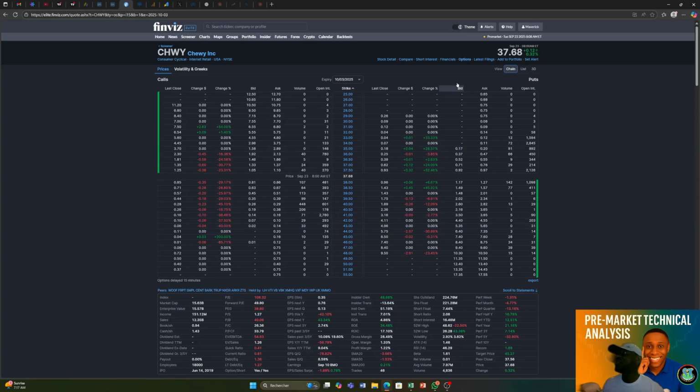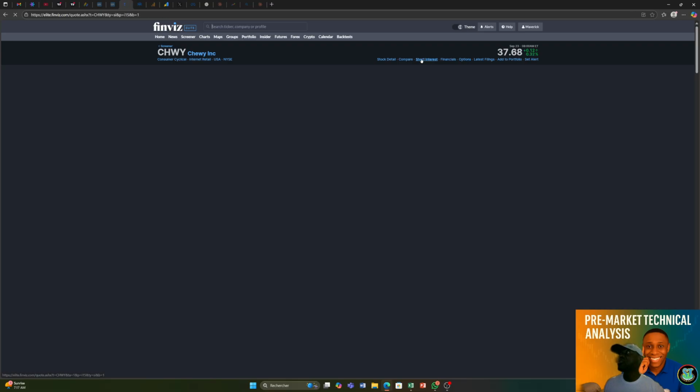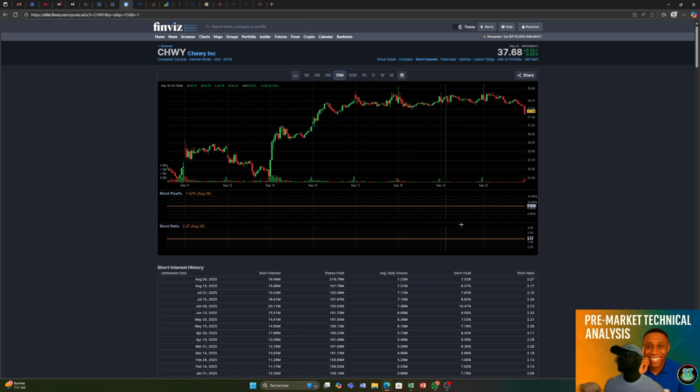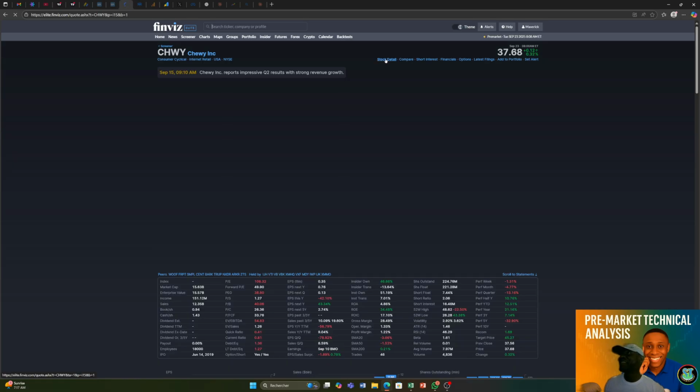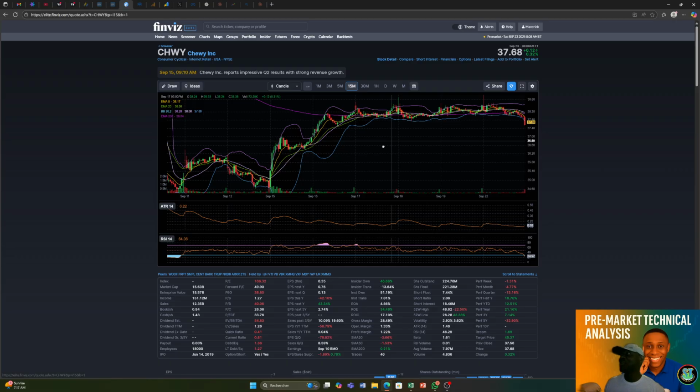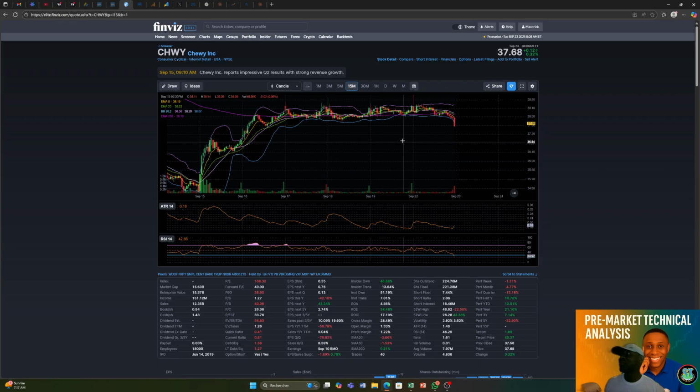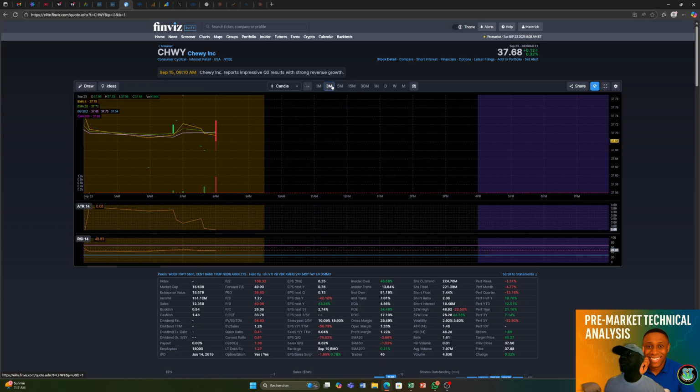But this is a new feature where you have the option chain inside of Finviz. Then you have the short interest. This is very interesting as well for some stocks that are heavily shorted. And the stock detail option here brings you the complete chart, where you can look at the different time frames.